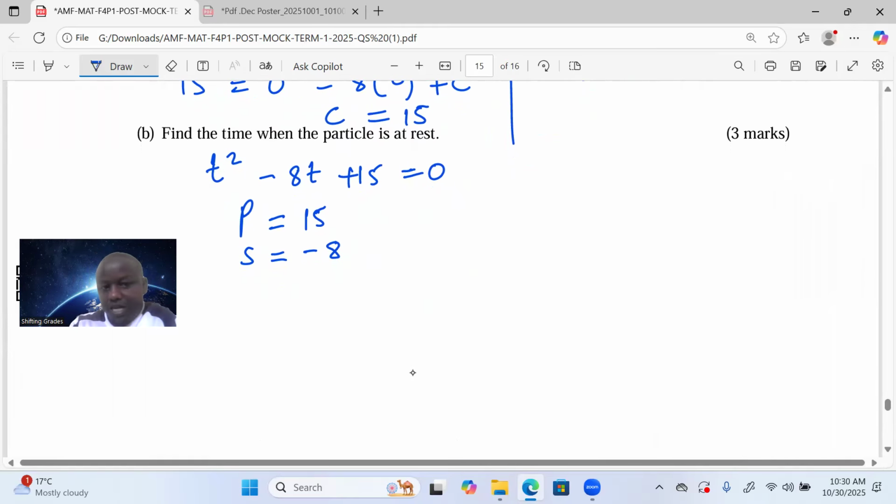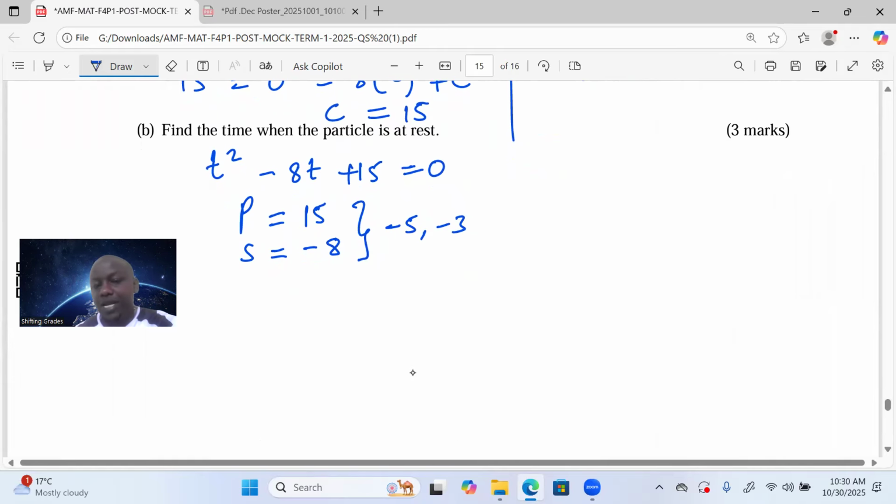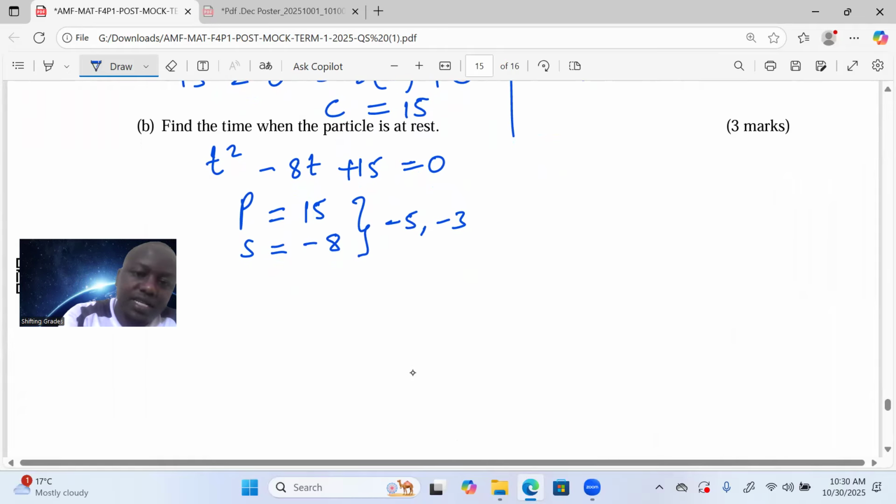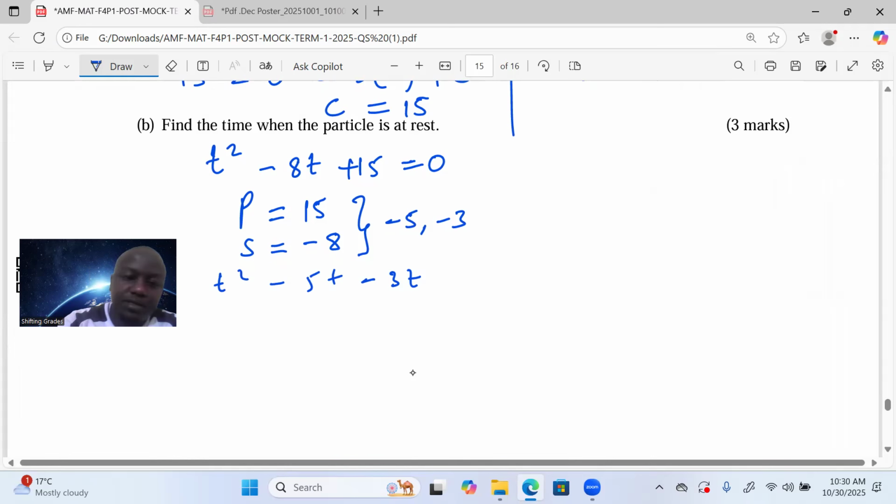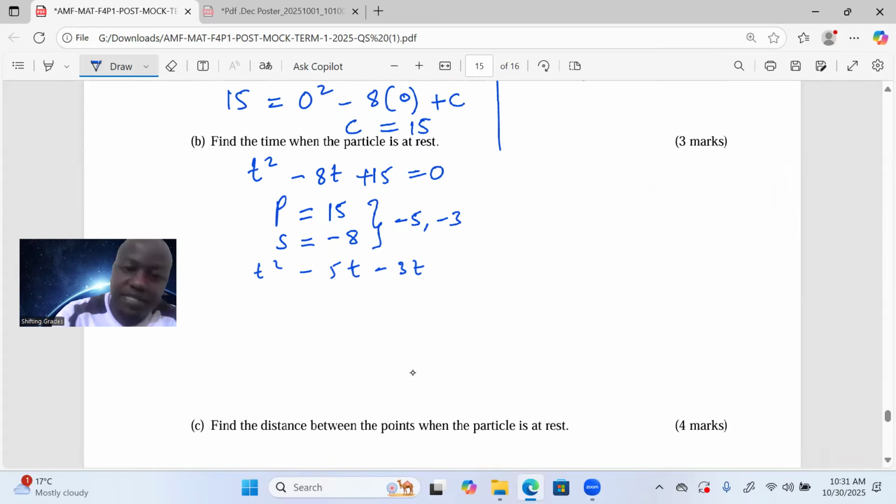So now this shall give us 2 factors that when added give negative 8 and when multiplied give positive 15. They should be negative 5 and negative 3. So t squared minus 5t, then minus again 3t, plus 15 equals 0.